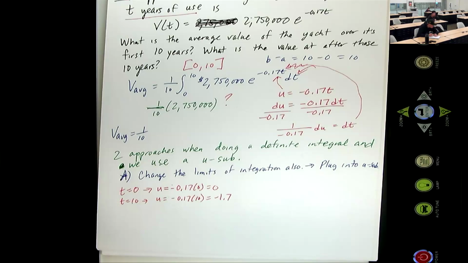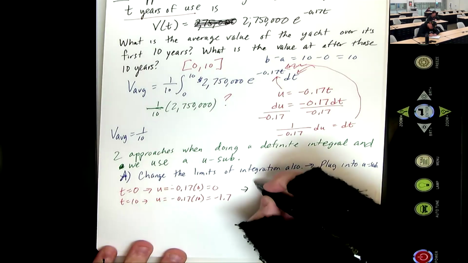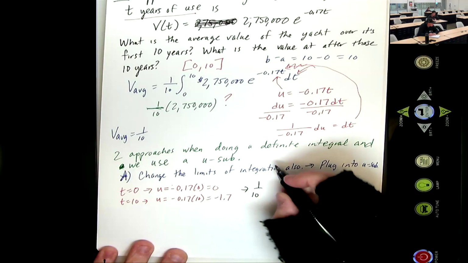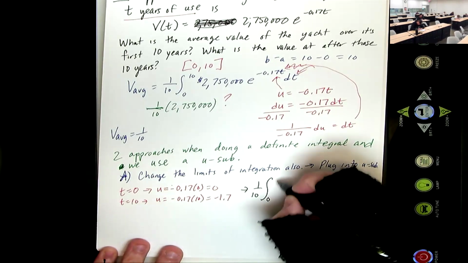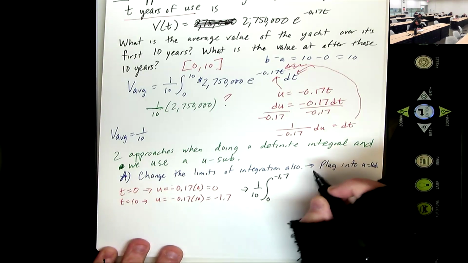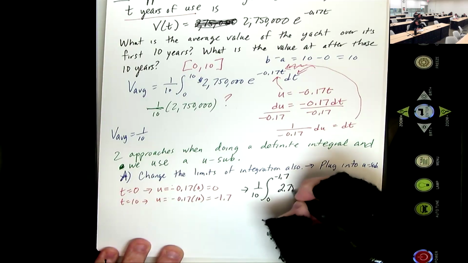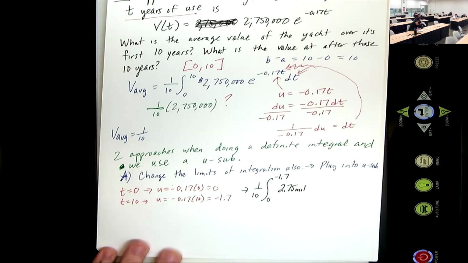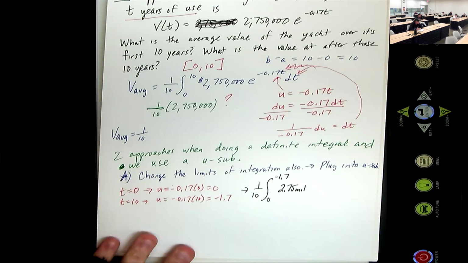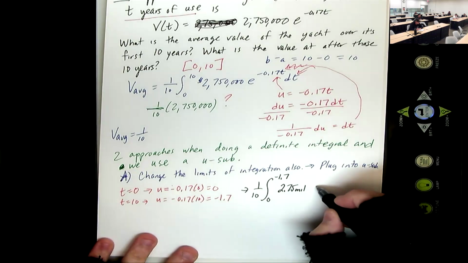And if we take this approach, our integral becomes, we got the 1/10. This is now 0 to negative 1.7. I'm gonna just say 2.75 mil, so I'm not writing all those zeros. Then we have the e to the u.